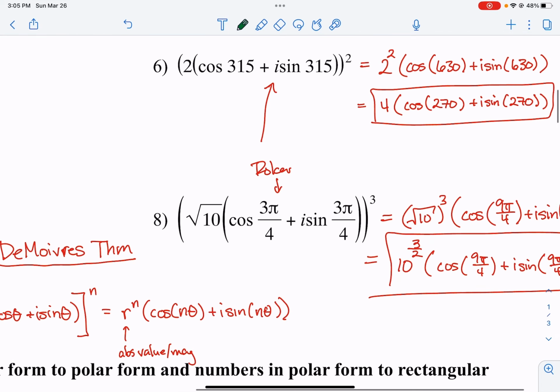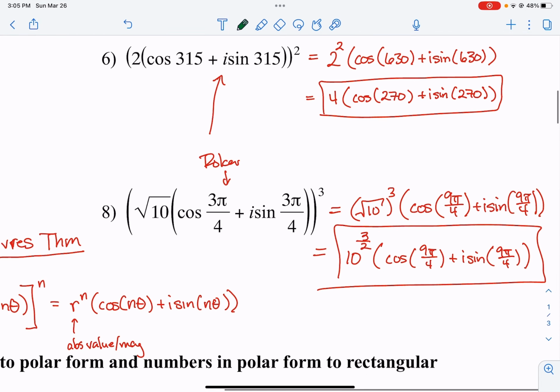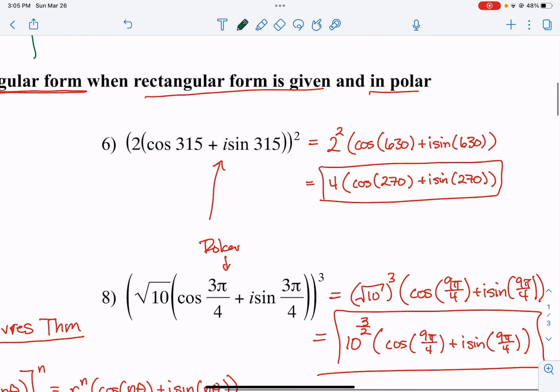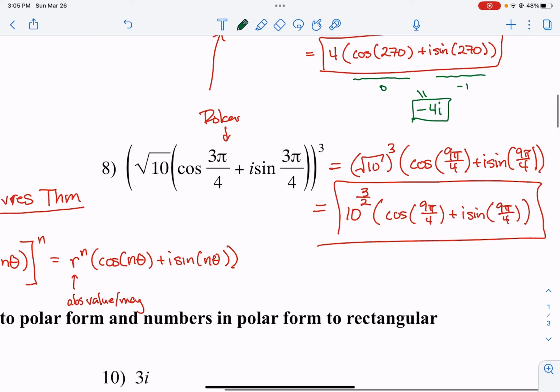You could do the same thing with these other ones too. You could figure out that cosine of 270 is equal to 0 and sine of 270 is equal to -1. So this complex number is equal to negative 4i. That's the rectangular form. And you could do the same for this one as well.